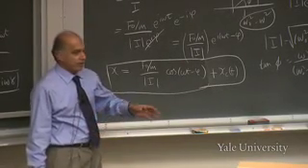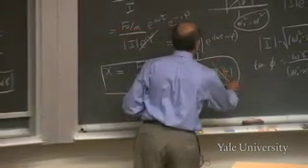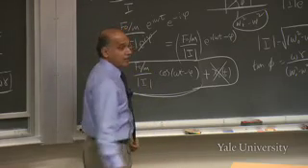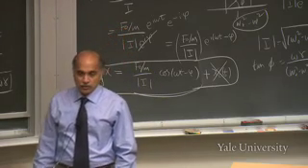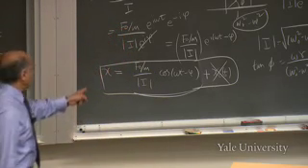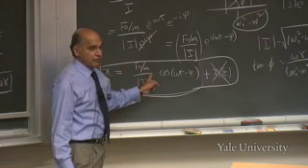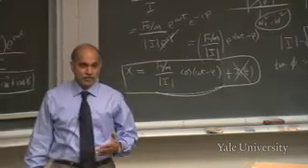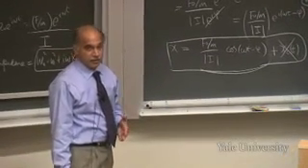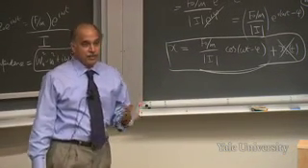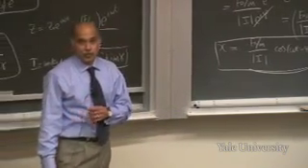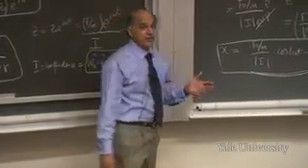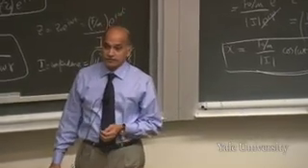So if you wait long enough, this will die out. This is the only thing that will remain. So at early times, this is not the full answer. You should add to this the answer when there is no driving force. And together, they form the full answer. And the numbers a and b that you have there will be chosen to match some initial conditions like initial position, initial velocity.